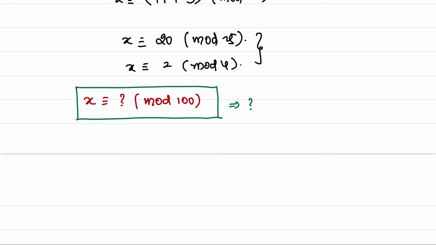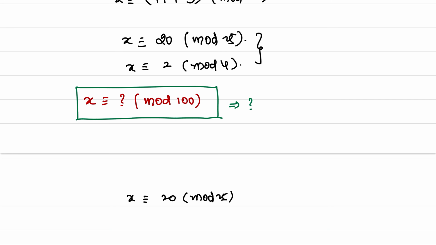Now, here x equivalent to 20 mod 25. What is its meaning?